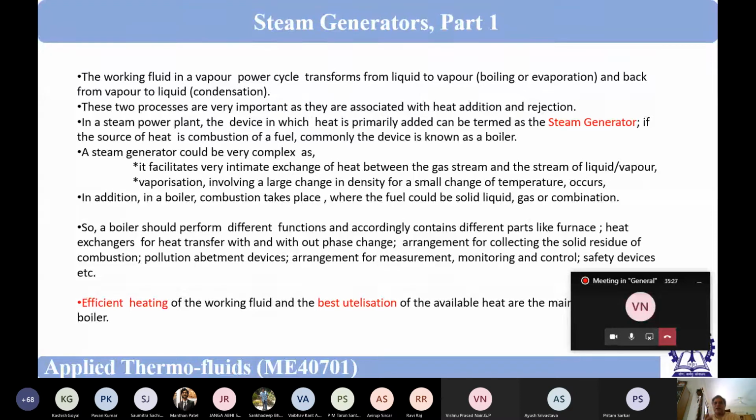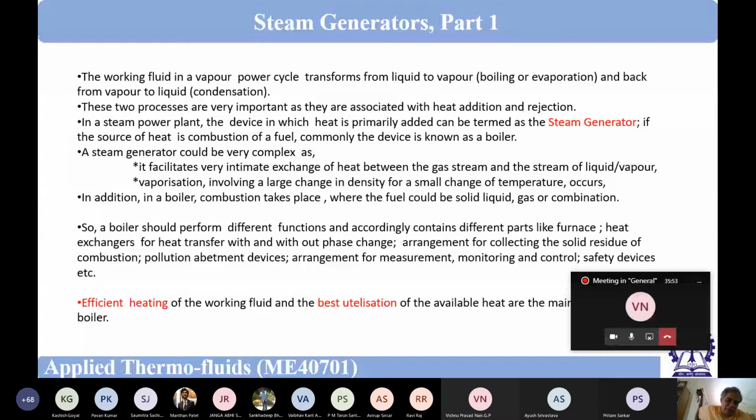Let me give an example. Actually, I will not teach all these devices. There are so many important things, but let me tell you something. Let's say there is a boiler, a drum kind of boiler, and somehow the feed water is not coming into the boiler. So continuously you are burning fuel.